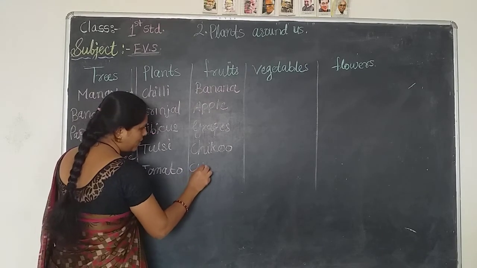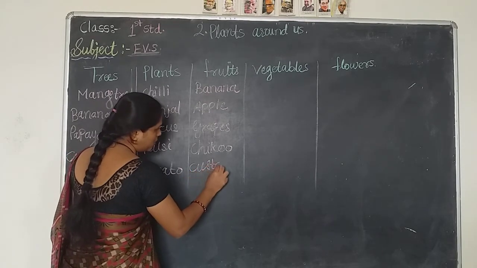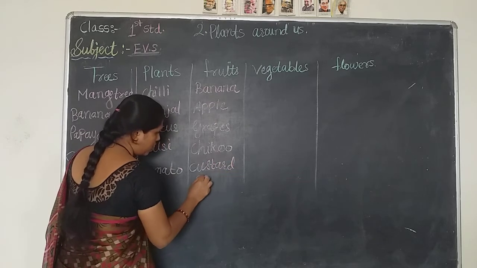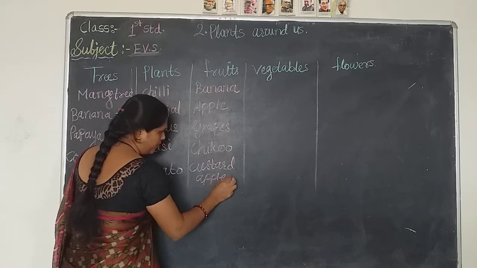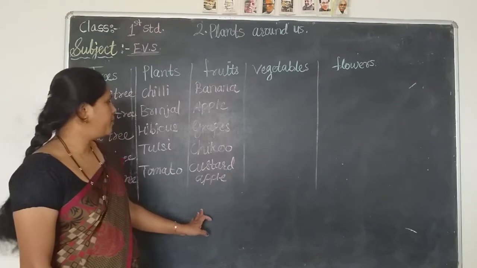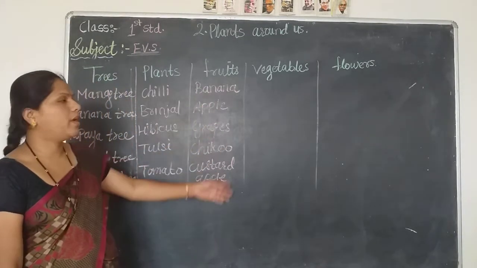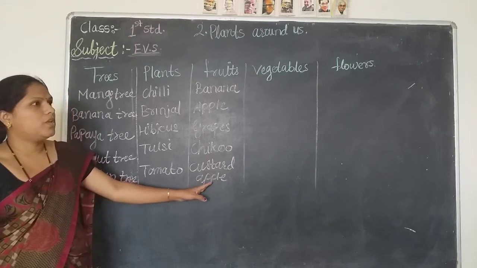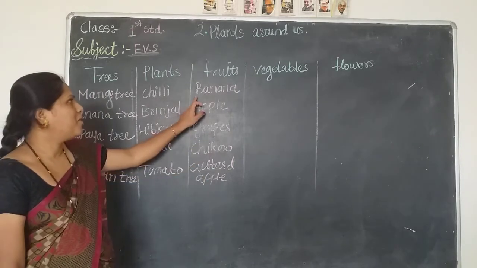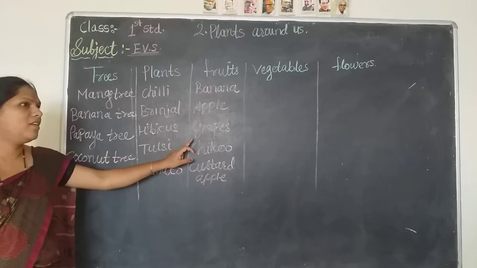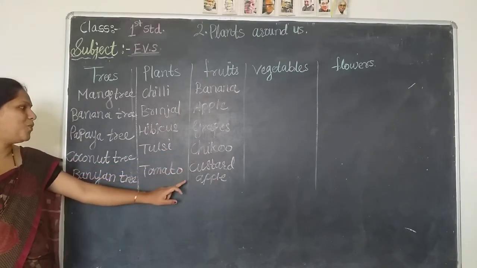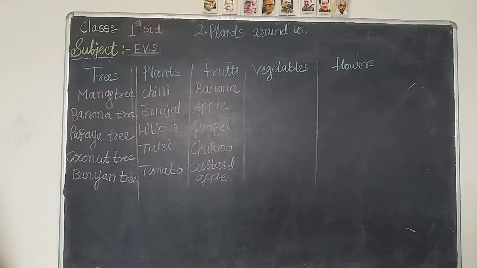Okay, I will write here custard apple. Custard apple. Write down the correct spelling. So from fruits we get all the vitamins and proteins. So here are some names: apple, grapes, chiku, and custard apple.